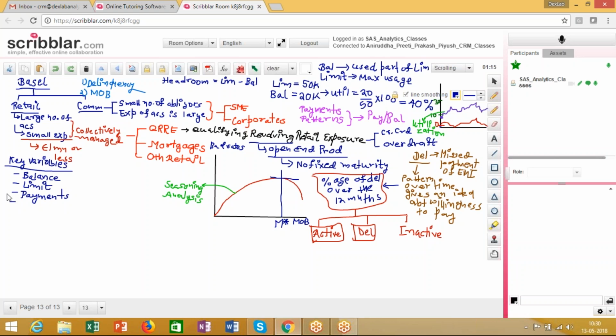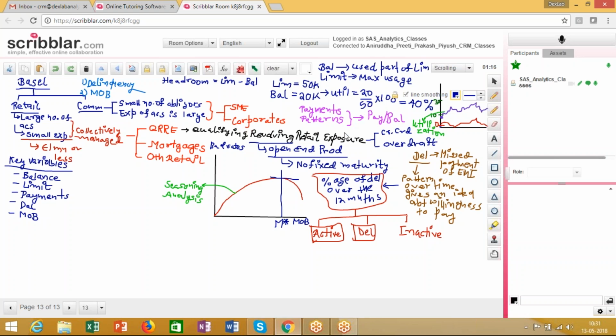The other that I have over here is delinquency. And after delinquency, the next that I have over here is month on books. So these are the few core variables that must be there for developing a PD model, or for example going forward an EAD model for credit cards, right?